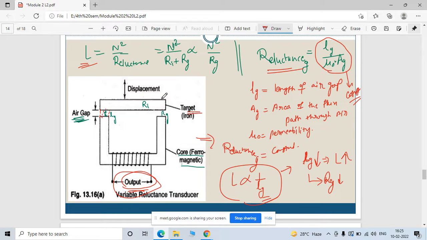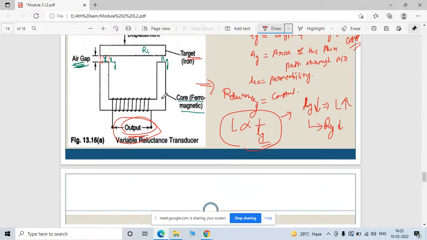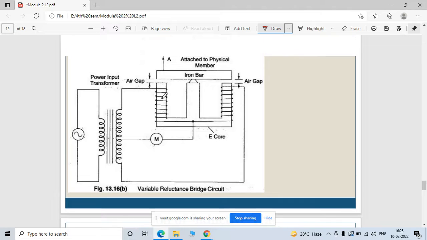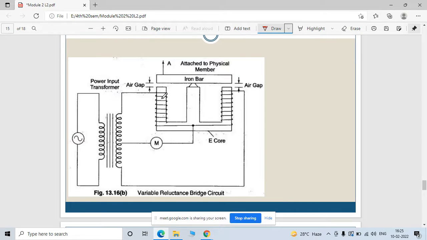Okay, so this is one way. And one more thing, this is a second arrangement of a variable reluctance bridge. In this arrangement, this is an iron bar, the construction is the same as earlier. This is an air gap, the relation is also the same, but here you excite this inductive coil which is wound on this limb.